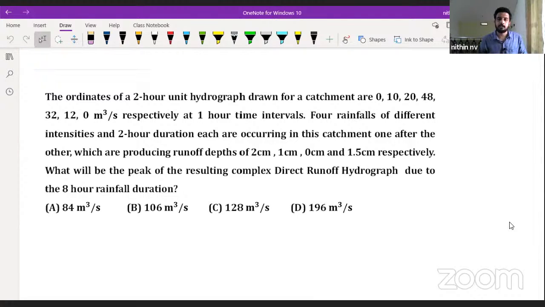A recent GATE question is also there like this. Take down the data first, then I will give an explanation. Yes, very good. I hope all are following.